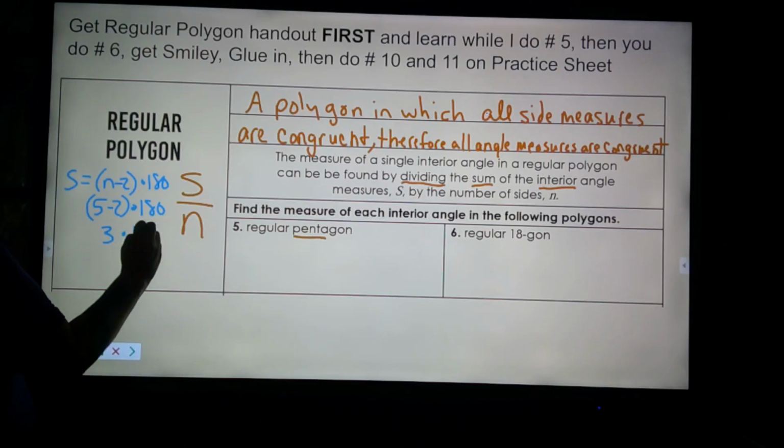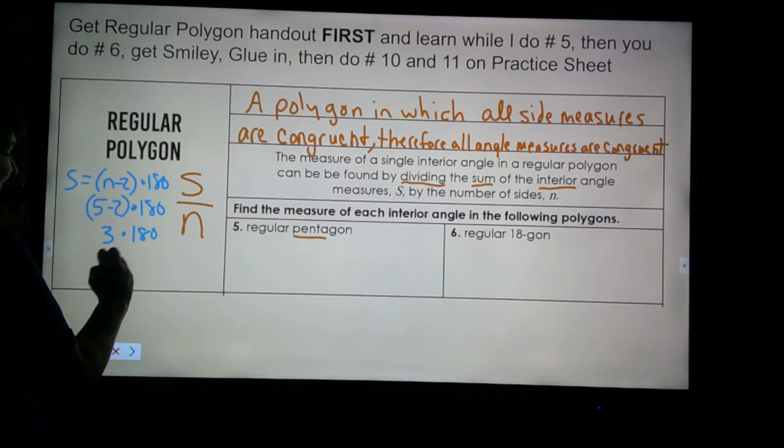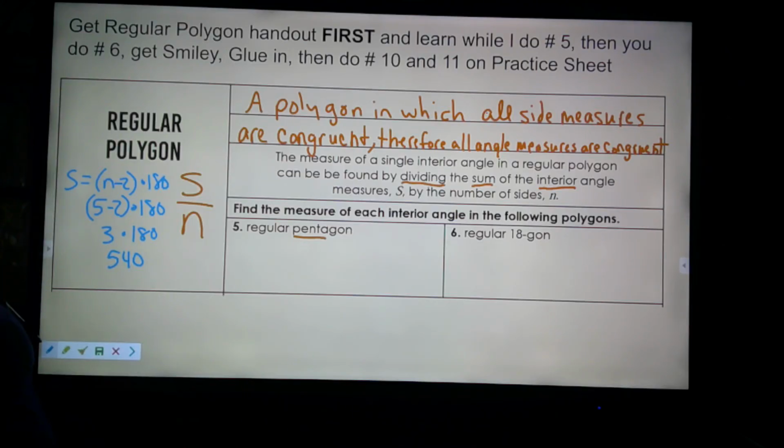3 times 180. What is that? 540? Right? 540. So the sum of the interior angles is 540 degrees.